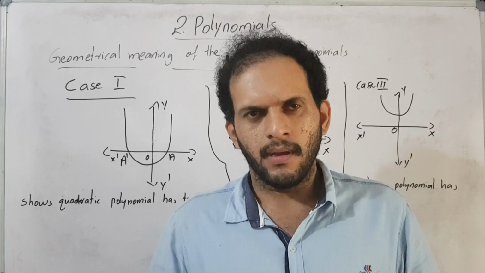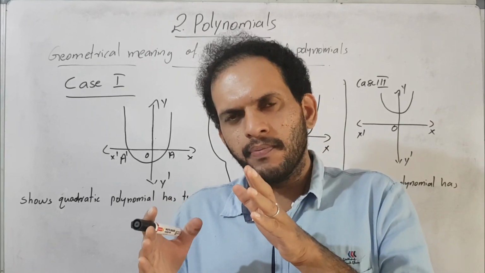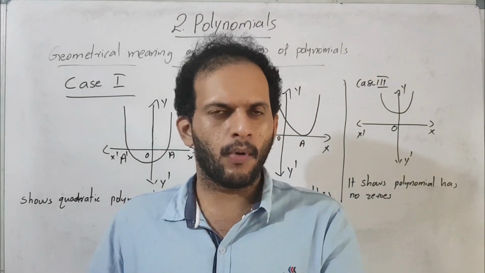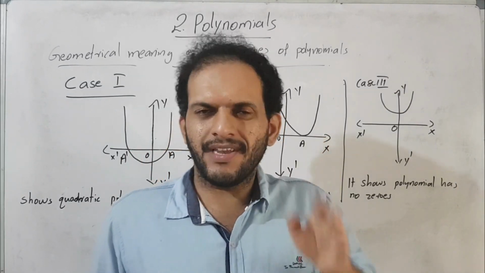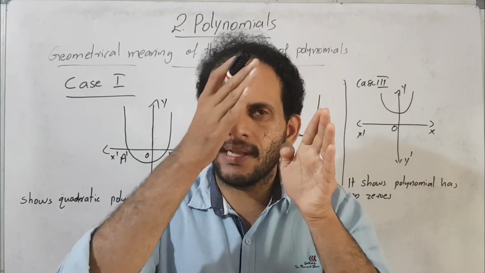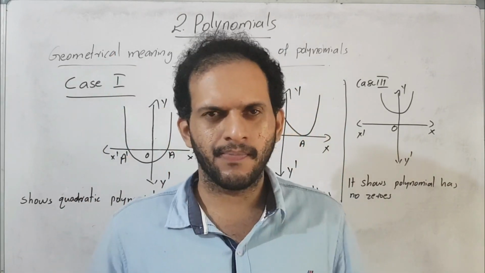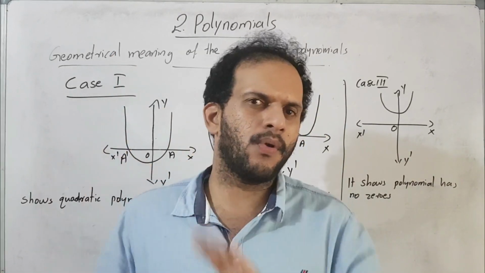We already learned this. How do we find the number of zeros of a polynomial? We just check how many times the graph intersects the x-axis. That many zeros has that polynomial.